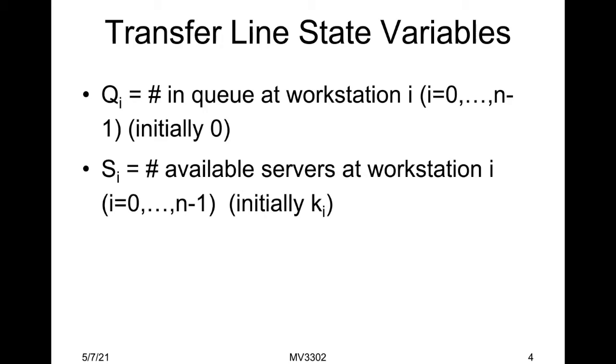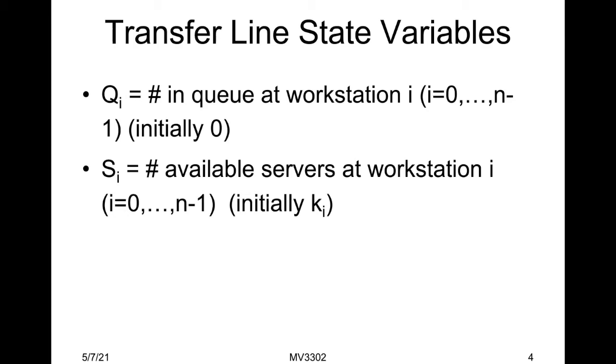Each one is initially 0. Likewise, at each workstation, we're going to have a number of available servers that to begin with is going to be k sub i, the total number of servers at that particular workstation. So the parameter k is going to be an array. The state variable s, the number of available servers, is also going to be an array.